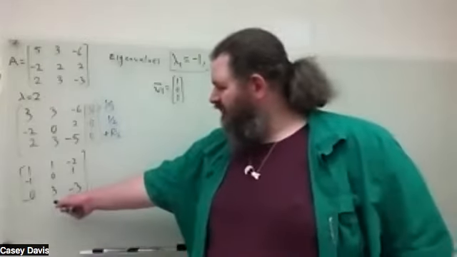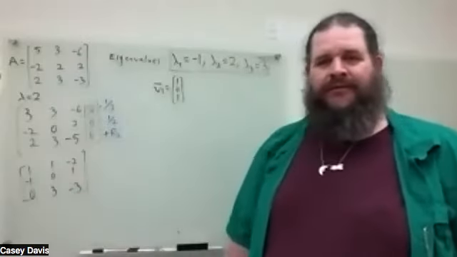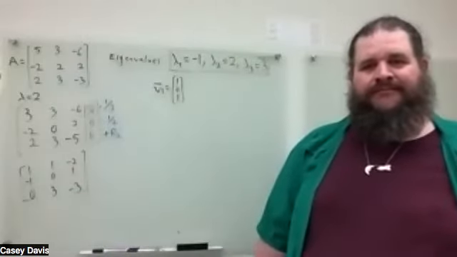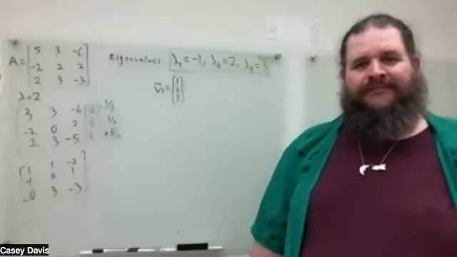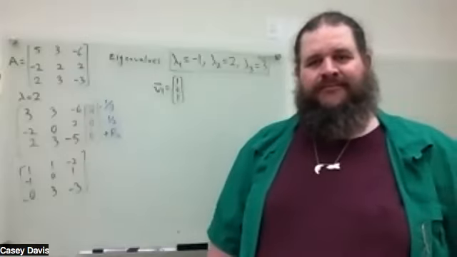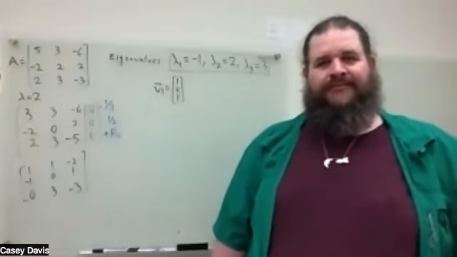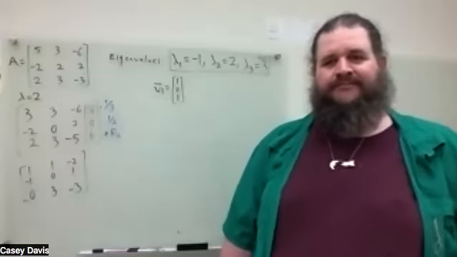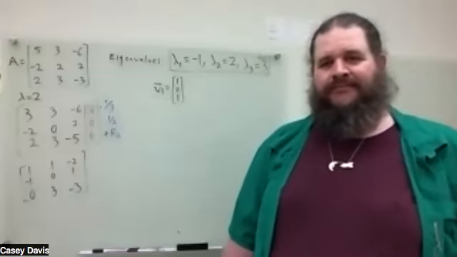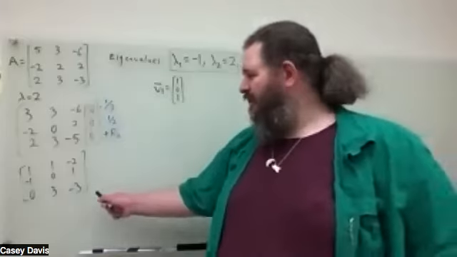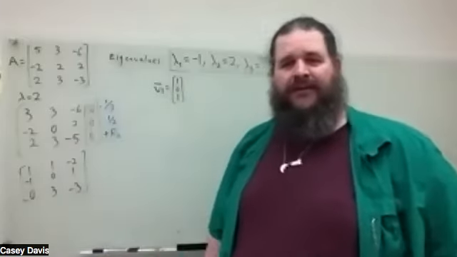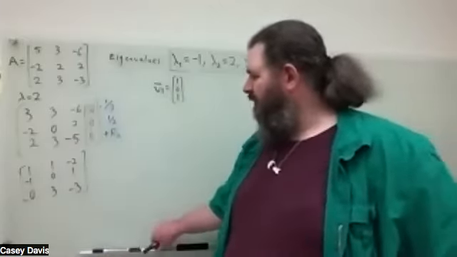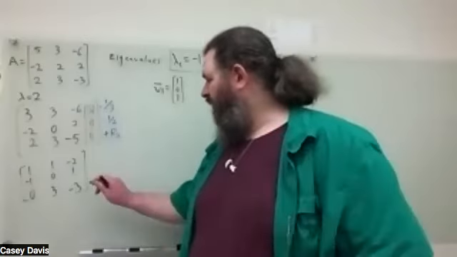Do you notice anything interesting about this row? Or what could we do with this row to make it easier to work with? Yeah, let's divide that whole row by 3. Multiplied by 1/3.